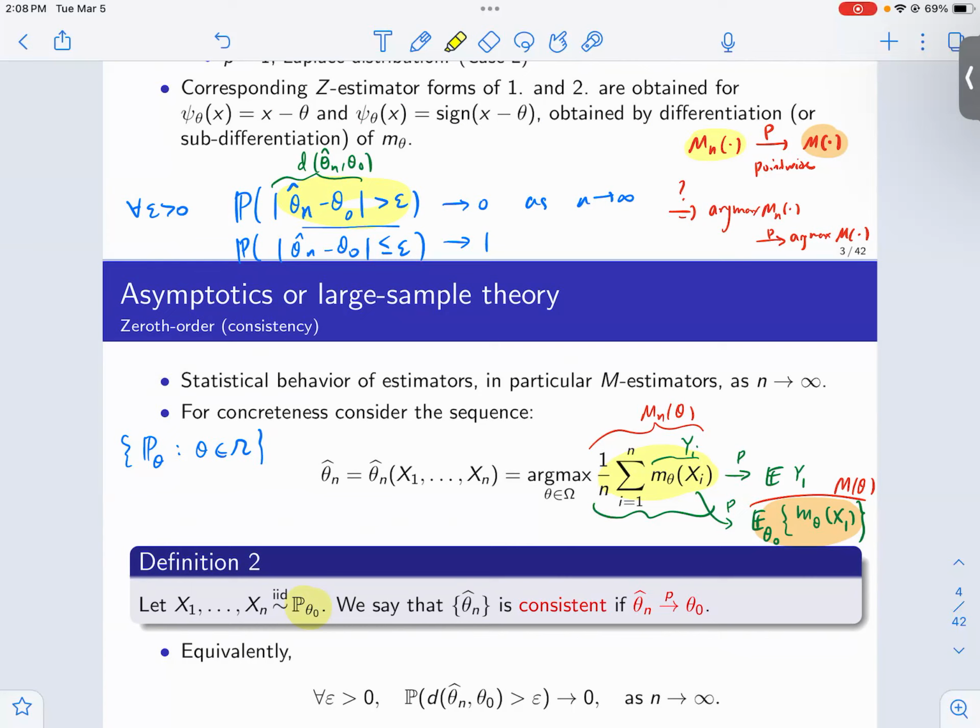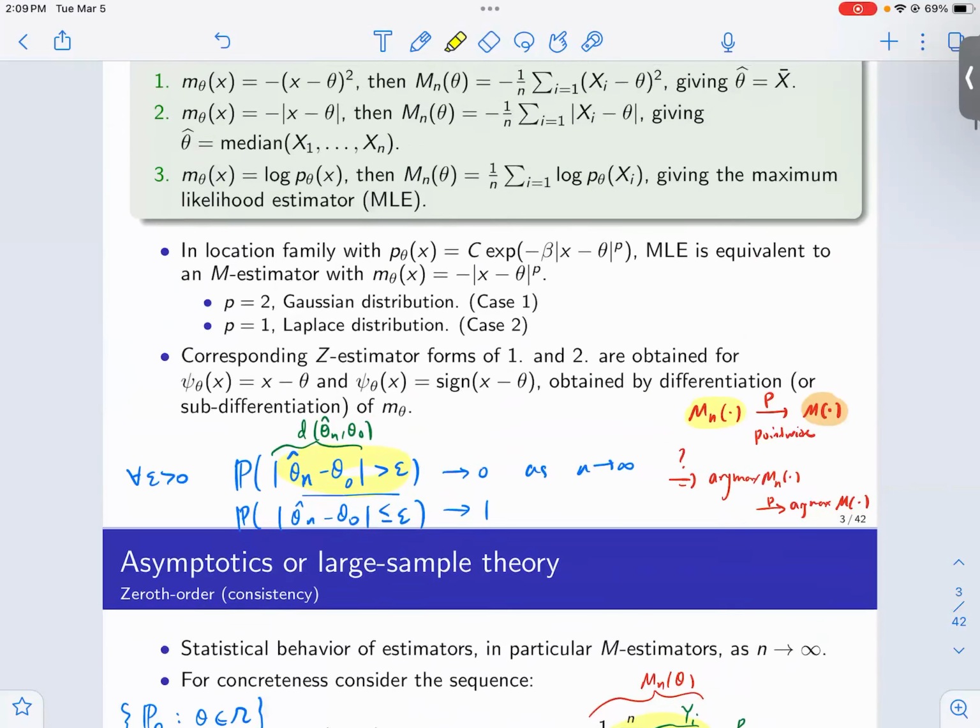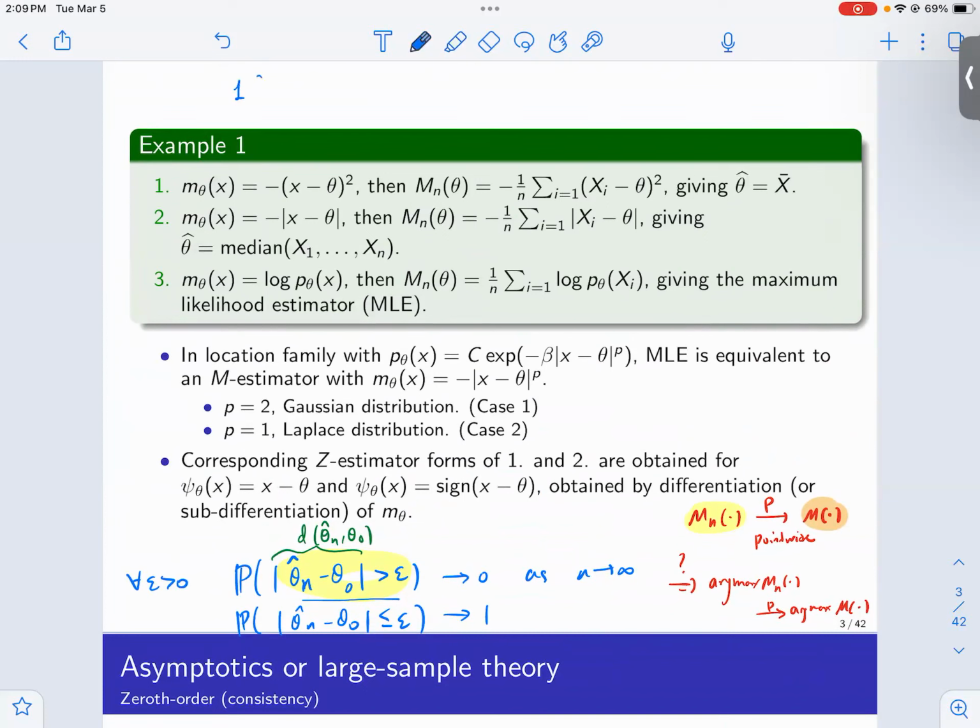If you have the deterministic statement, a sequence converges to 0 if, ignoring the probability, for some large enough n, the indicator that theta hat n minus theta naught is bigger than epsilon is exactly 0.